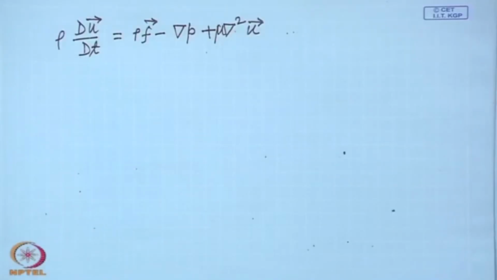Anyway, these 4 equations, and how many unknowns do we have here at this stage? We have 3 components of velocity. So, 3 unknowns plus pressure and density. So, we have 5 unknowns in 4 equations.